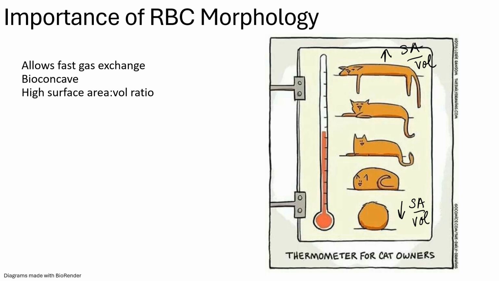And these ratios determine her ability to exchange heat with her surroundings. So when she's really hot and stretched out, she has a lot of surface over which she can exchange heat. But when she's all curled up in a ball, there's not much area over which she can exchange heat. So the surface area to volume ratio of this little kitty is analogous to that of a red blood cell. It has an optimum.